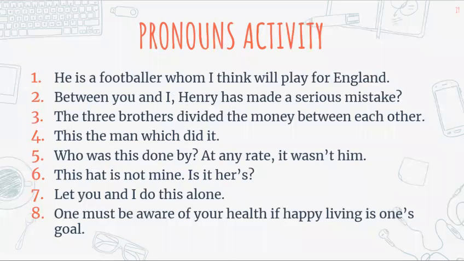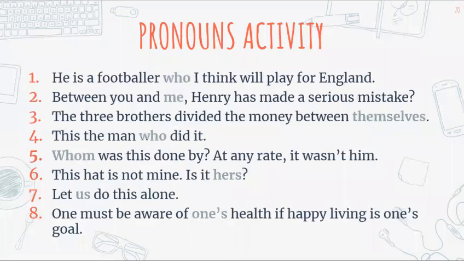All right, so let's see the second sentence. Between you and I, Henry has made a serious mistake. And so the answer is, between you and me, Henry has made a serious mistake. Why is this the answer? Well, who is the subject of the sentence? Henry is the subject. Also, ignore the question mark at the end.